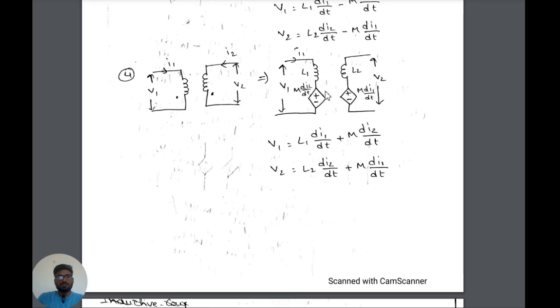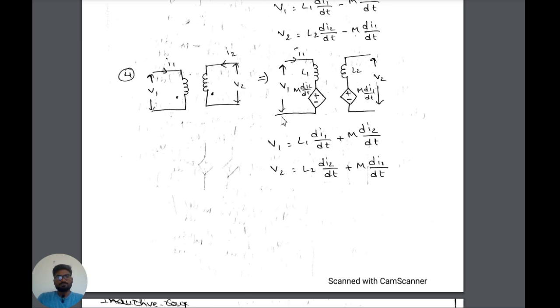So bottom is negative, top is positive. Similarly for coil 2, the mutual inductance is due to current I1. The current I1 is leaving the dot, so the dotted portion of the second coil is negatively assigned. So top is positive, bottom is negative.